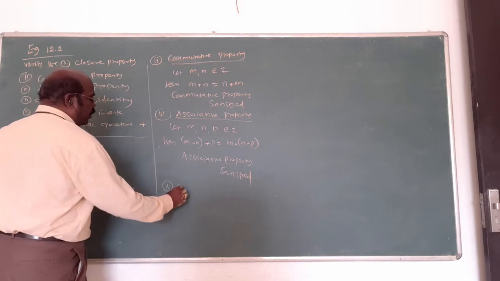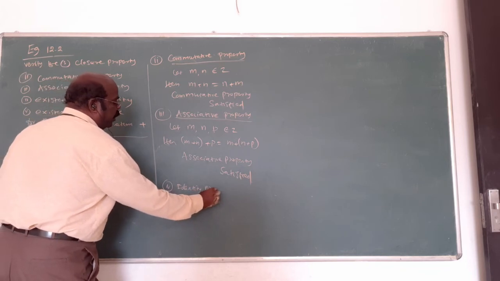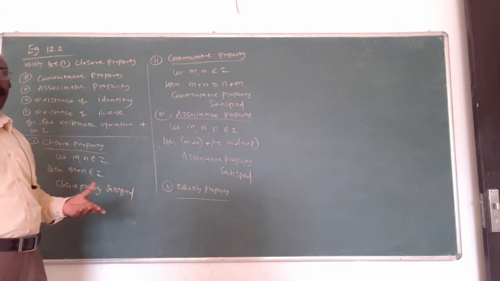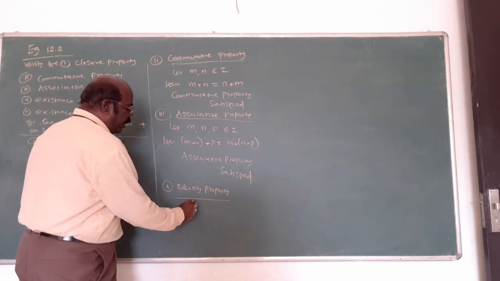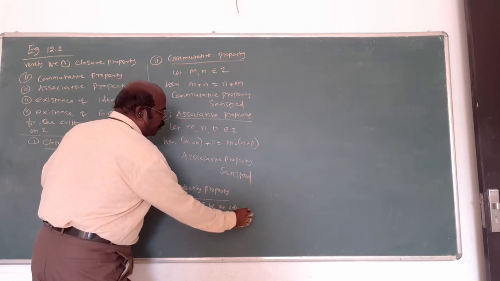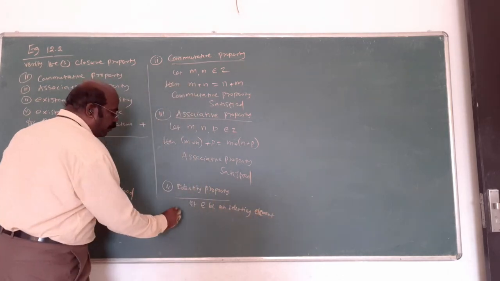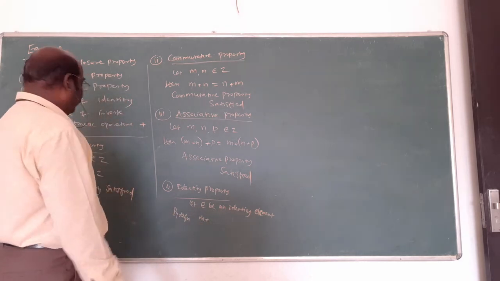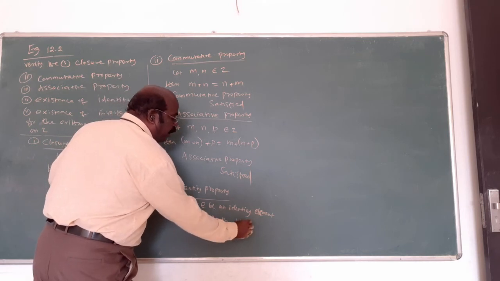Okay? Then fourth one, identity property. In addition, 0 is an element. Anyway, you will find the element by using calculation. Let E be an identity element. Now, what is going to be represented? m plus E equal to m for all m belongs to Z. Am I right?